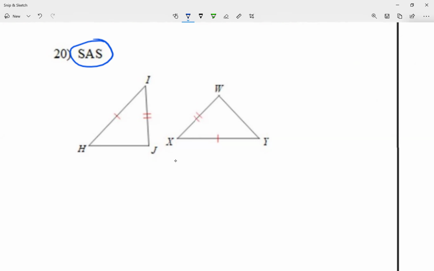Isn't that two sides and the included angle, the angle where the two sides meet? I see that I already have the two sides marked, so the two sides are given. What I'm missing is the included angle. So where do those two sides meet? Well, in one triangle, it will be this corner, and in the other triangle it will be this corner.